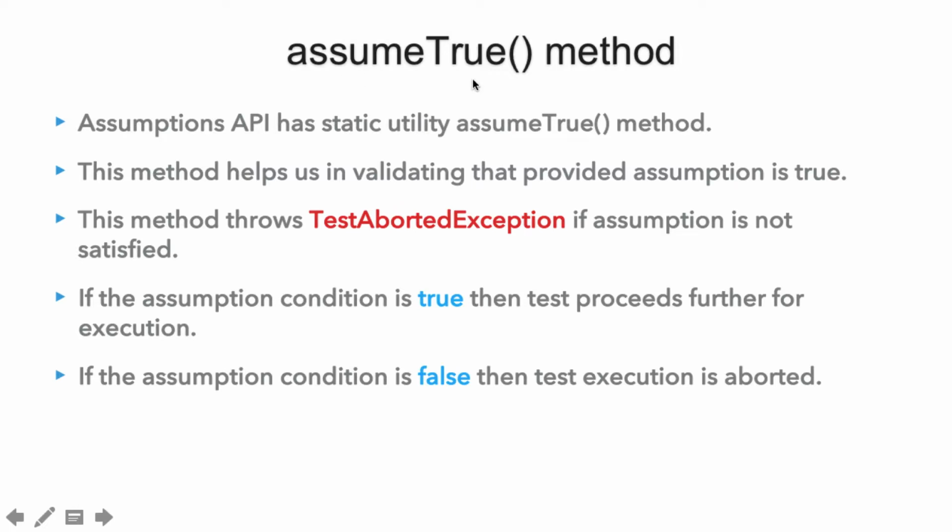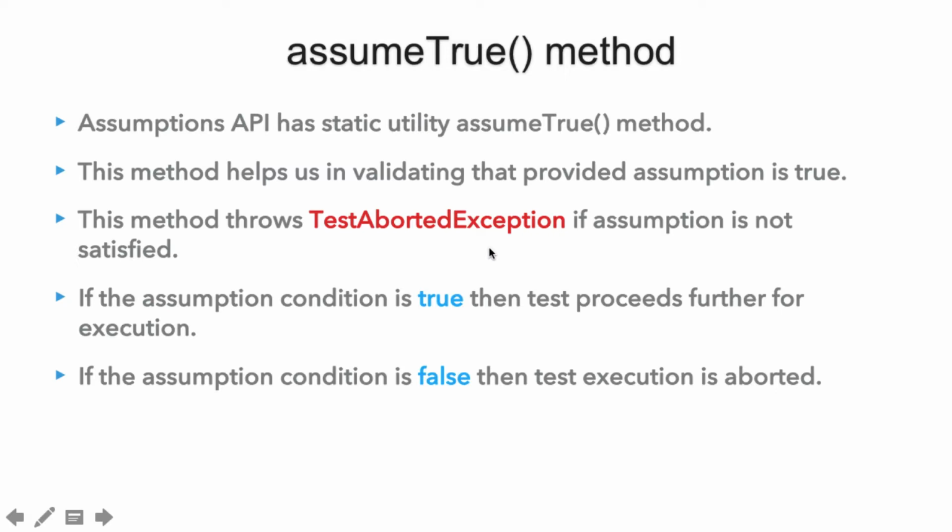So friends, here the assumeTrue method takes in a Boolean condition, and it assumes that whatever condition we are passing should be true. So if the condition is true, then our assumption is passed, so the test proceeds further for execution. But if the condition passed is false, then it signifies that the assumption is not true, so the test execution is aborted by throwing TestAbortedException.